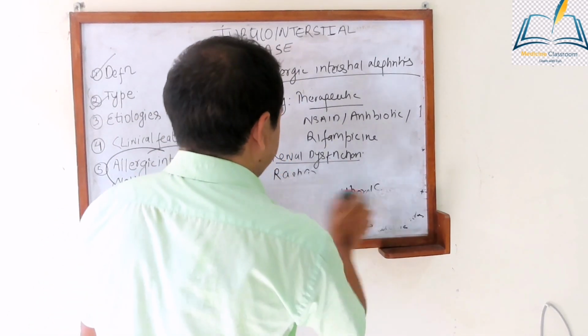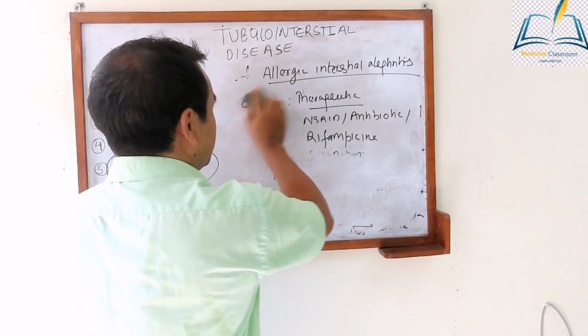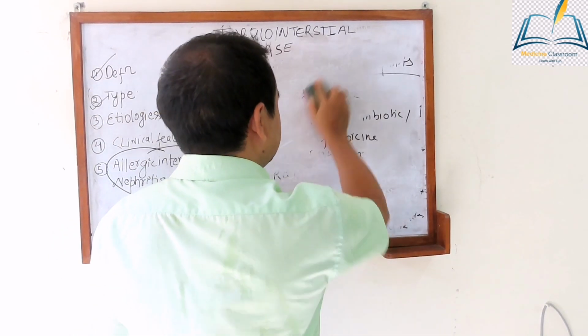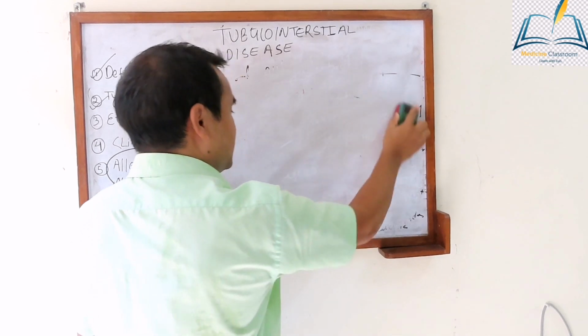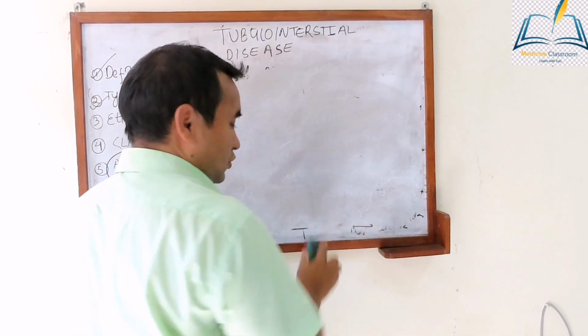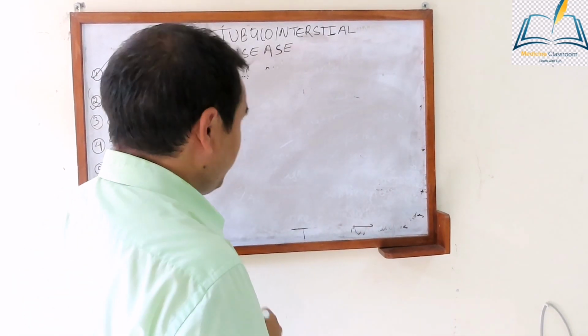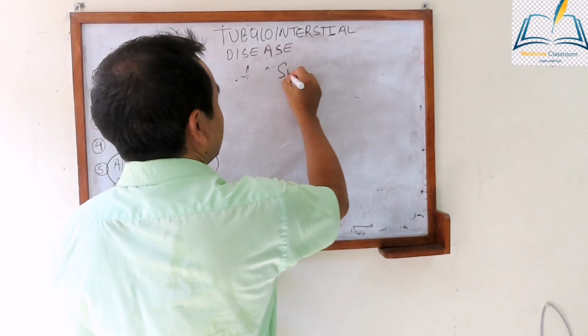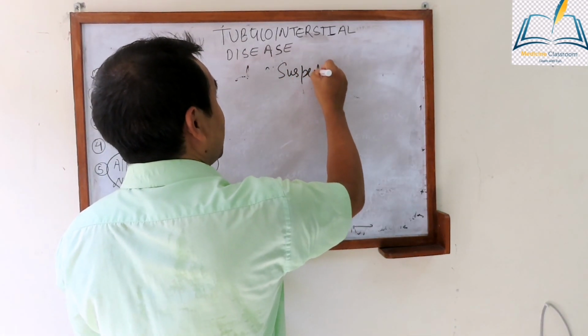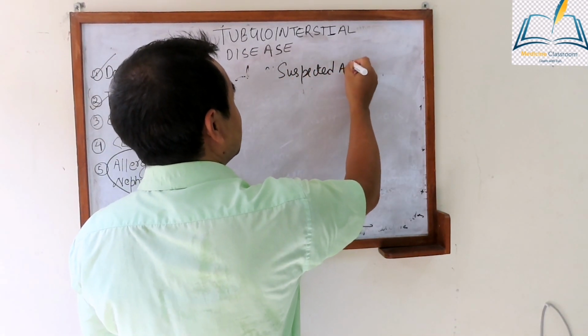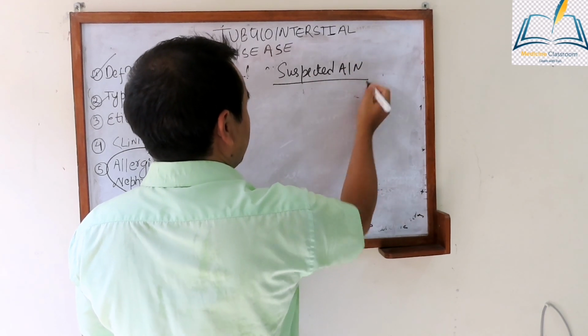So how do you treat? If someone has renal dysfunction after using NSAIDs or rifampicin or different antibiotics, and there is a suspected allergic interstitial nephritis, what do you do?